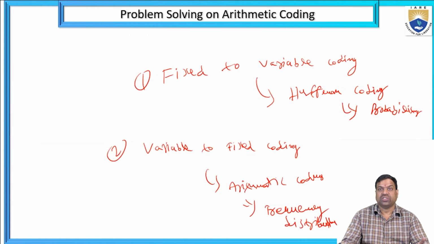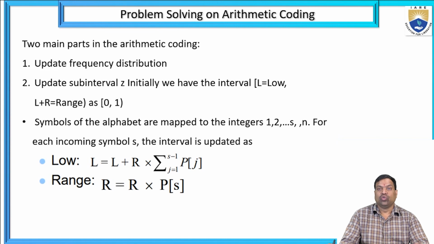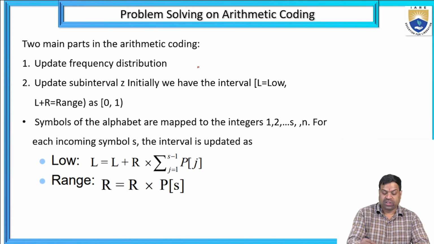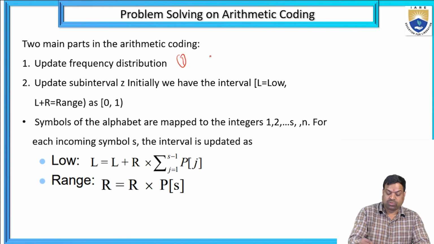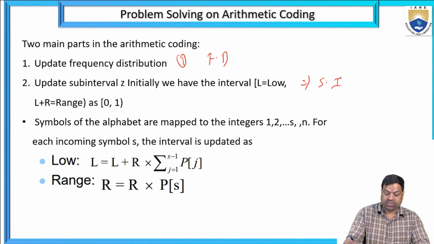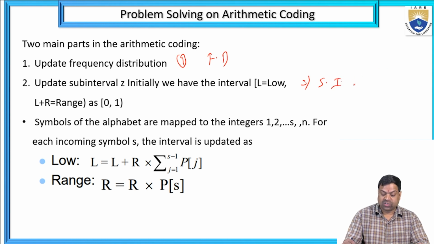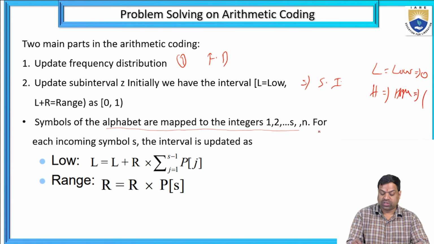higher precision numbers. There are two main parts of arithmetic coding: update frequency distribution FD, and update subinterval distribution SI. Low L equals 0, high H equals 1, and the symbols of the alphabet are mapped to 1 up to n.